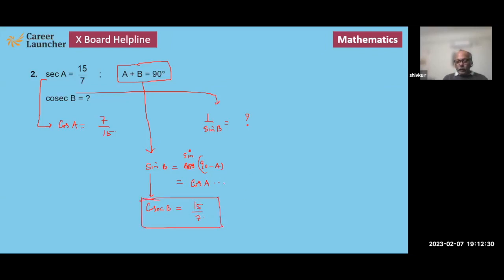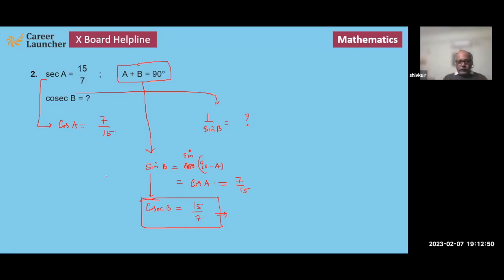Sine B is equal to cos A, that is equal to 7/15, so cosecant B must be equal to 15/7. If you want to find sine B or sine A, we can also find out. But here the question is asking for the value of sine B, not sine A, right?